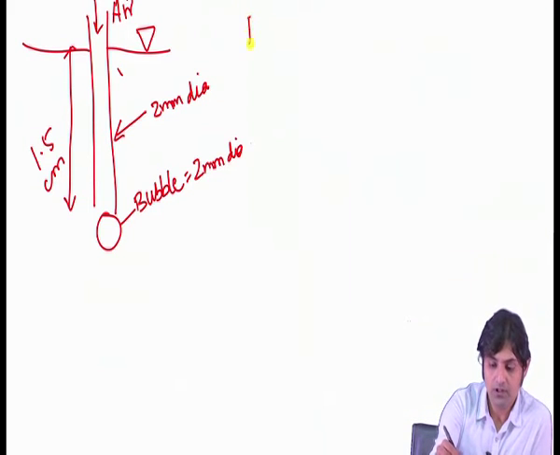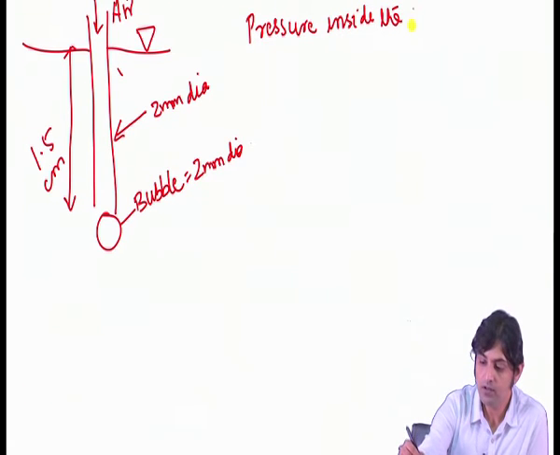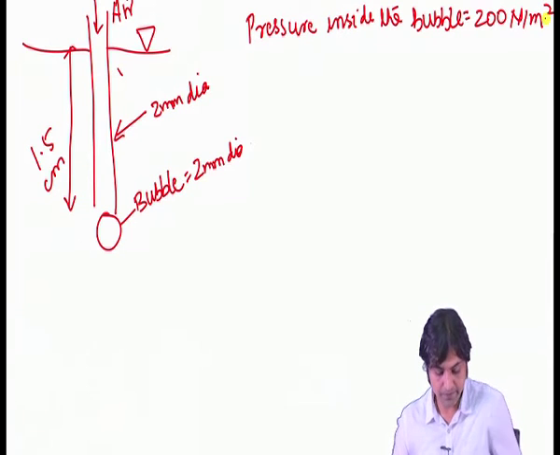So the pressure inside the bubble is given as 200 Newton per meter square, right?